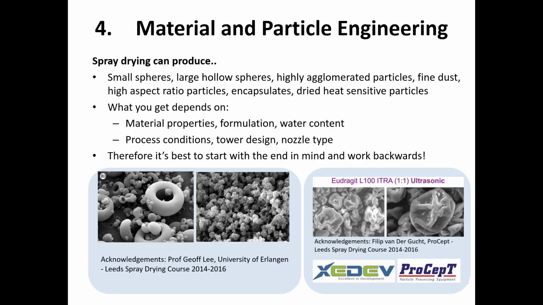That's why it's so important to work out what your desired particle properties need to be at the first, and then work backwards through the process to define your mix conditions and your process conditions and what atomizer you want. It's much better to do it that way than to try and force fit forwards.